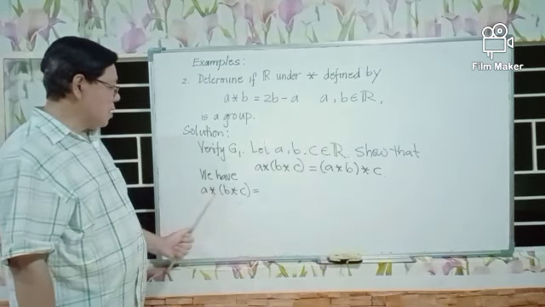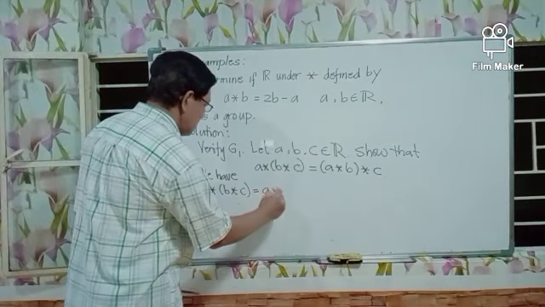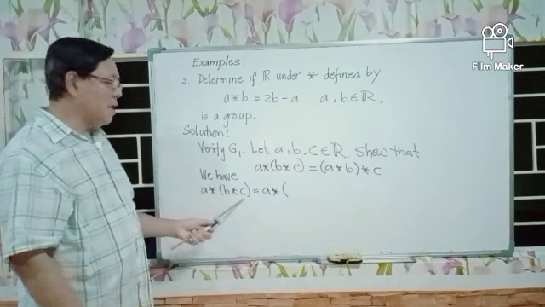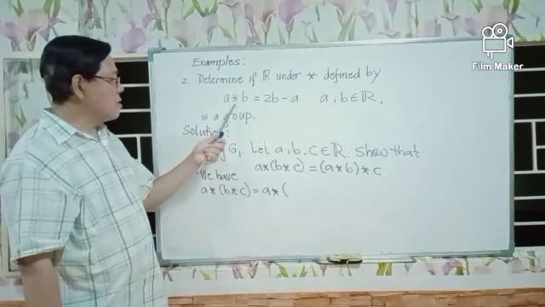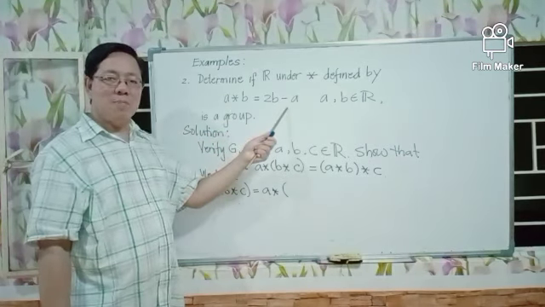And this is now equal to a star the result when b and c are combined by the binary operation star. And the binary operation star is defined by this formula.